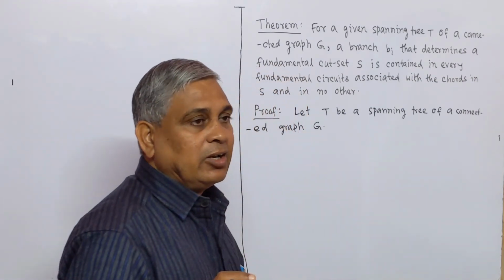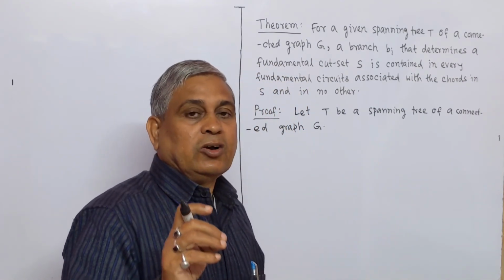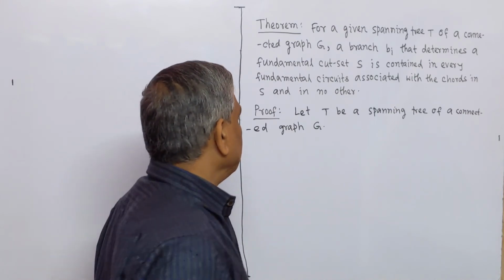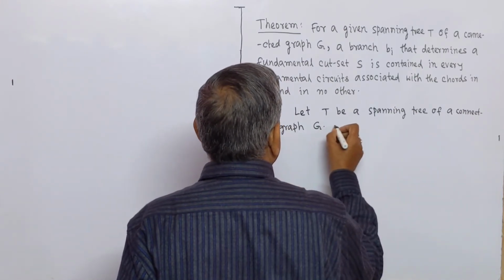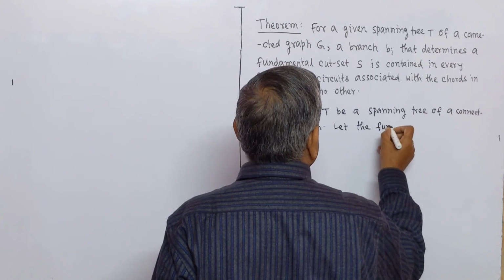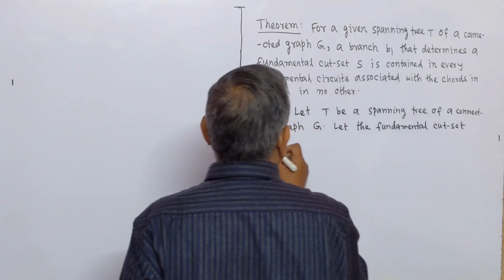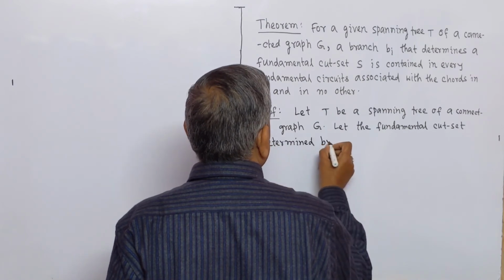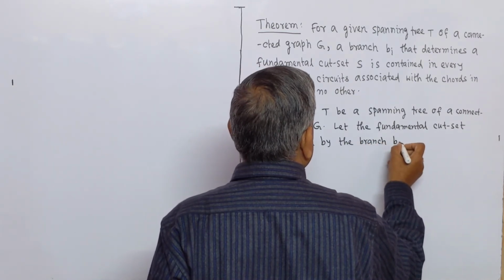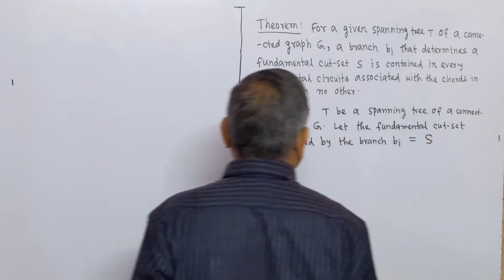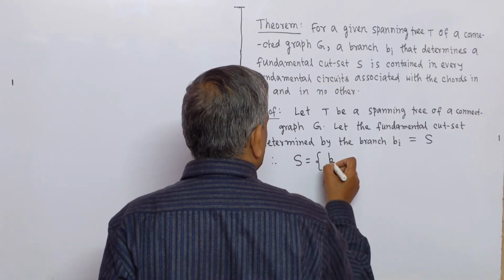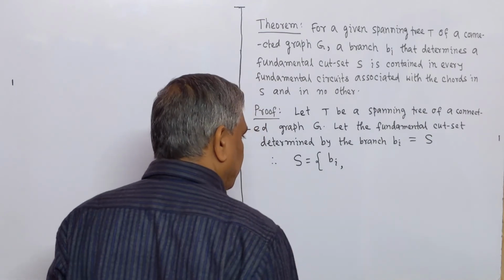Since we know that each branch of the spanning tree determines a fundamental cut set, let the fundamental cut set determined by the branch Bi equal S. Therefore, S will contain a single branch Bi and other chords.